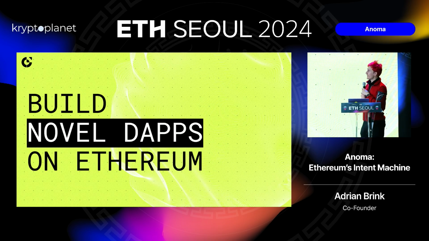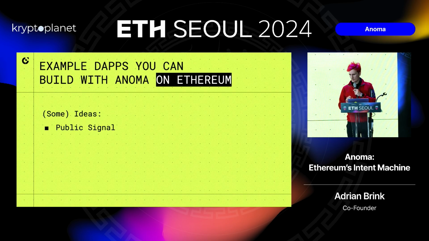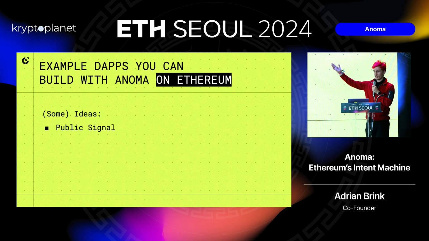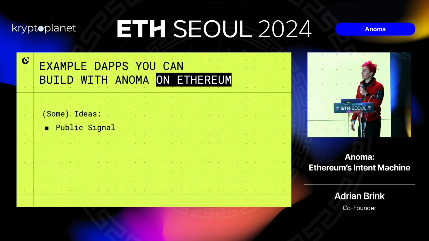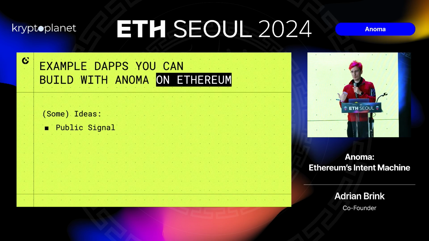So the last bit is, what kind of novel dapps can you actually build here with intents on Ethereum? There's public signal. This is an inverse of Kickstarter, where instead of being supply-side driven, where people propose ideas and then others decide whether they like those ideas, it's demand-side driven, where all of us in this room can start issuing intents which aren't executed, right? Intents are just binding commitments that may be settled in the future.